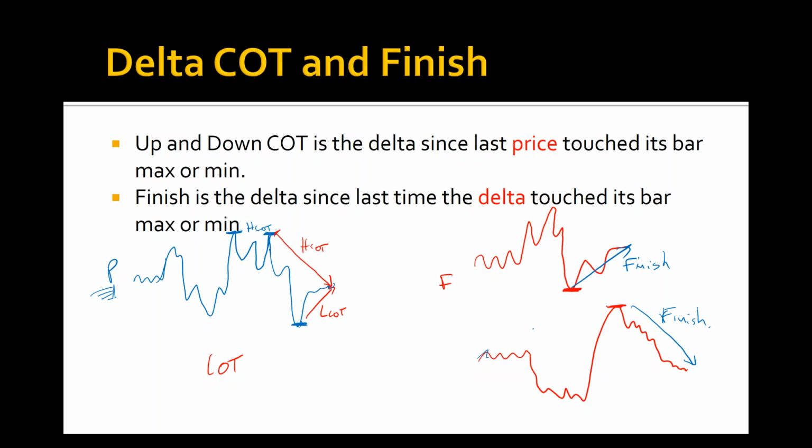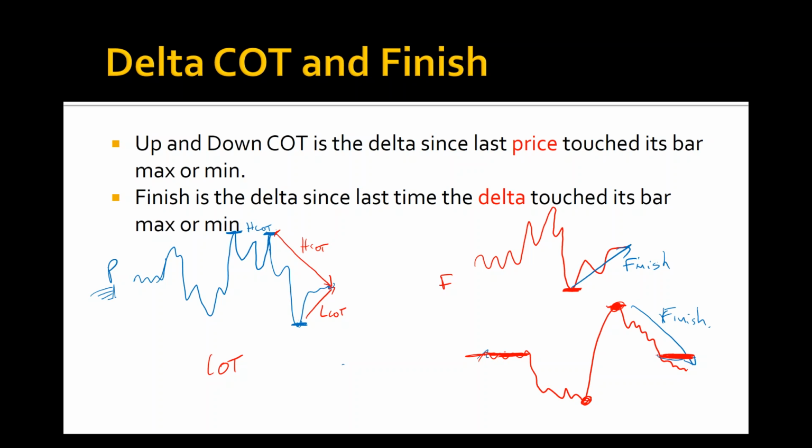So the delta here that I'm drawing, even if it closes, let me use my red pen. Let's suppose it's opening at this price, and then it closes at this price. So we have the same price at the open and the close. It doesn't really matter because what we're measuring is the delta between the close, but also the maximum or the minimum.